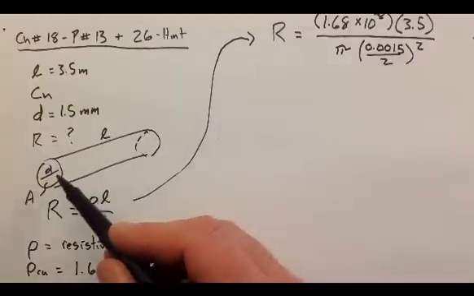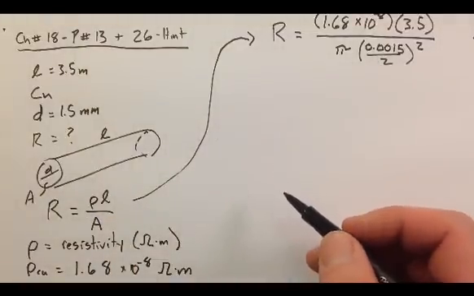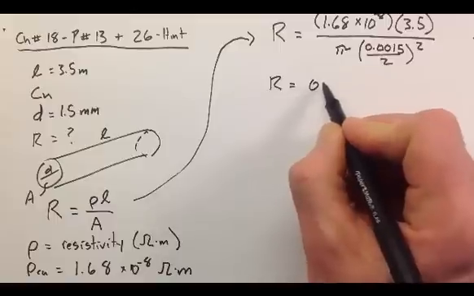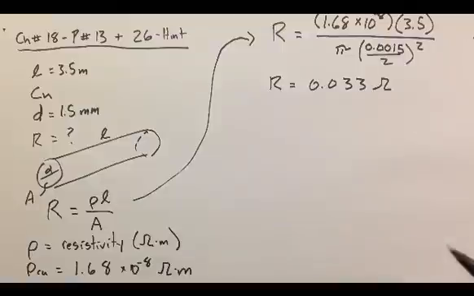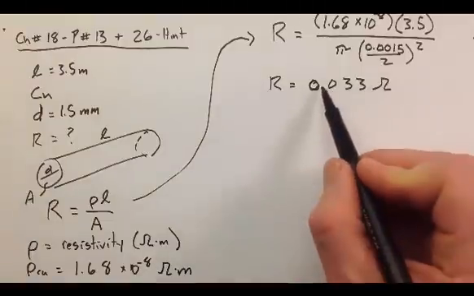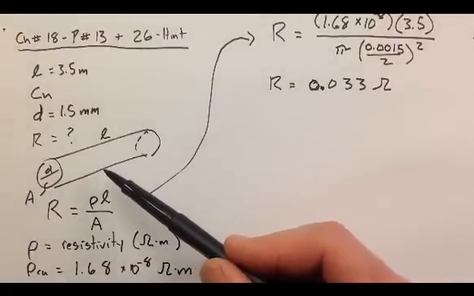Divide that by 2 to get the radius, since the area would be pi r squared. And if we plug all that in, we would get a resistance of 0.033 ohms, or about 3/100ths of an ohm, which makes sense that this resistance would be quite small.